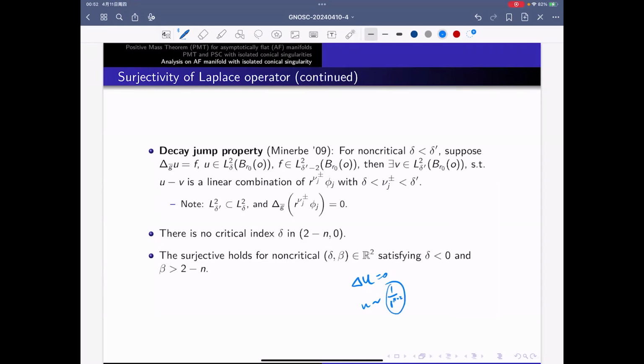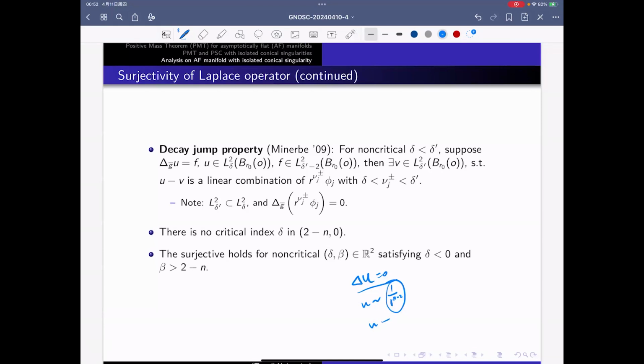Basically, that means we prescribe the asymptotic behavior near the conic singularity and solve the harmonic function, and then we can use some weighted elliptic estimate and weighted Sobolev techniques to get the asymptotic control near infinity. It's 1 plus something, so 0 minus 2a.